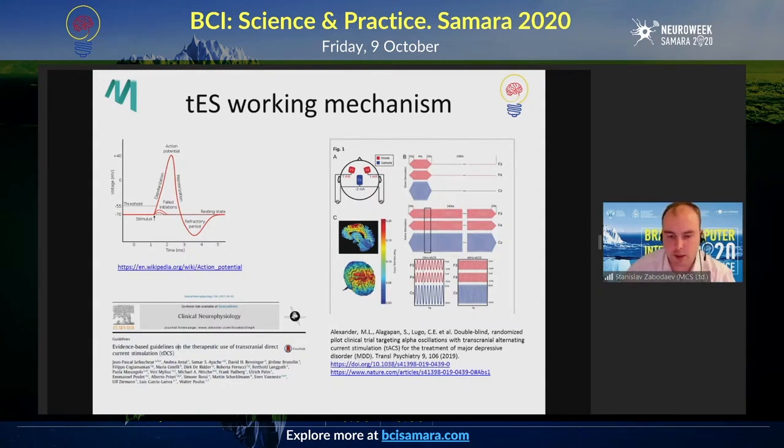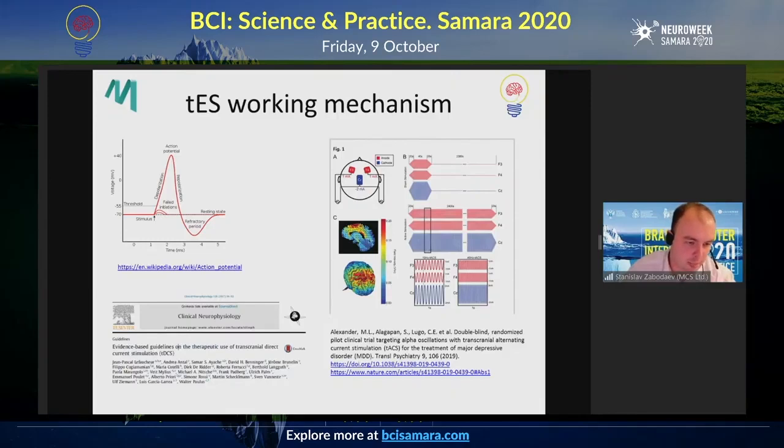As for AC stimulation, in this slide, there's a relatively fresh article in the Nature journal about the use of AC stimulation to treat depression. Both electrodes are on one's head, and they compare two options: stimulation with 10 and 40 hertz.